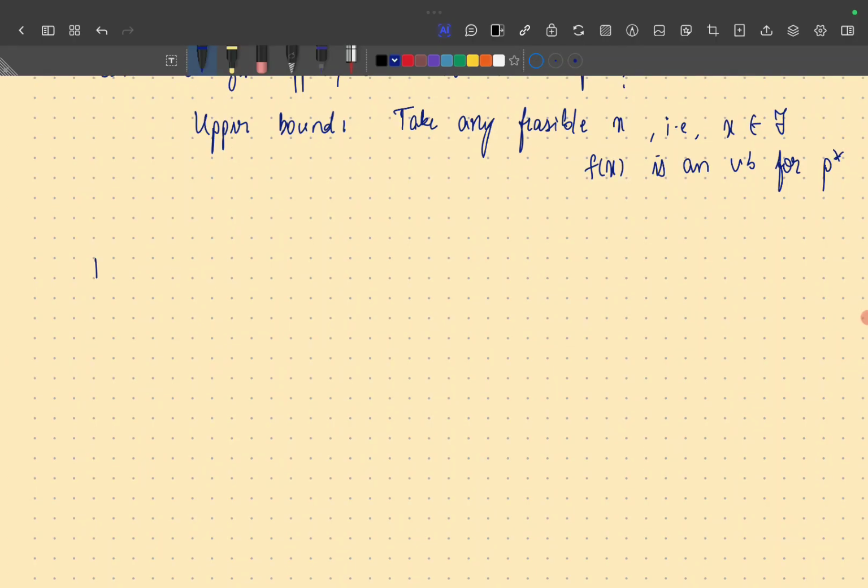So let's define the Lagrangian. The Lagrangian is going to be a function of three sets of vectors. One is x, the other is, I'll introduce new variables called lambda and nu.